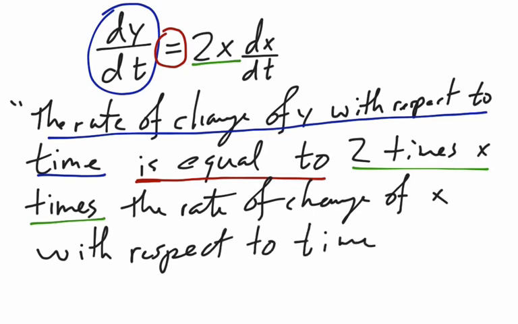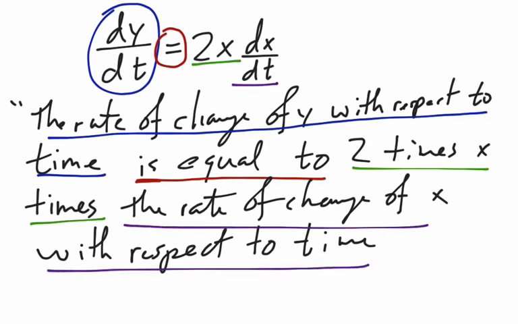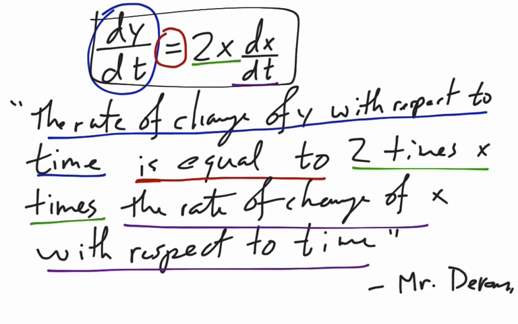And that would be this last thing. This dx dt is the rate of change of x with respect to time. End quote. You can quote me as saying that, Mr. DRAM. That was a terrible M. Let me try that again. All right, Mr. DRAM says that. Okay, for history class. Anyway, math is much nicer because it's super concise and we just write that, but this is what it means in words.